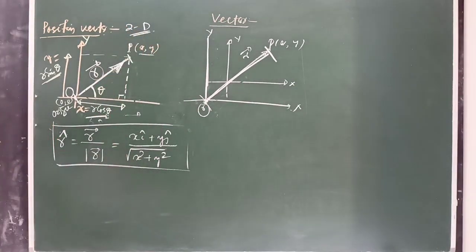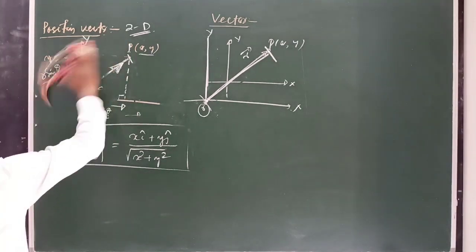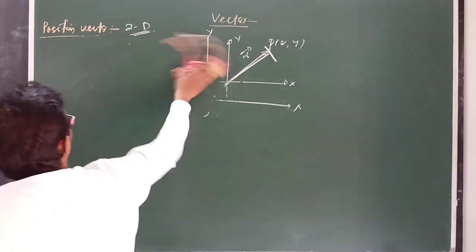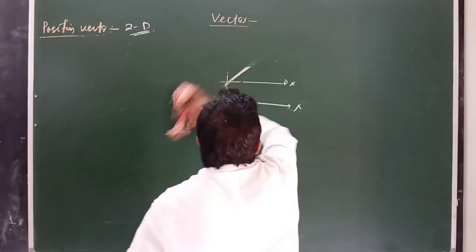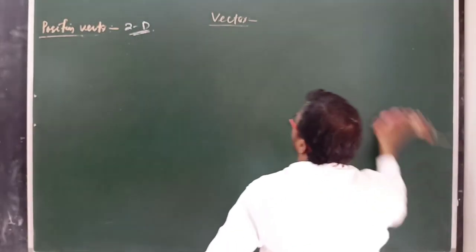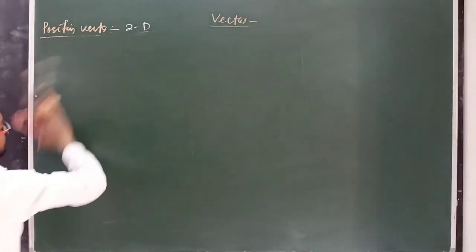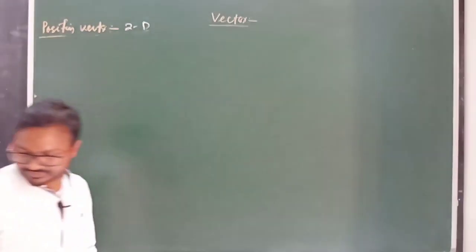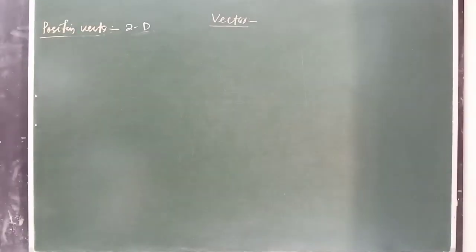So what will the position vector be in the three-dimensional case? The three-dimensional case is important, so you have to remember carefully how to find the position vector in three-dimensional form. Clear? Okay. Now I am drawing a three-dimensional figure.